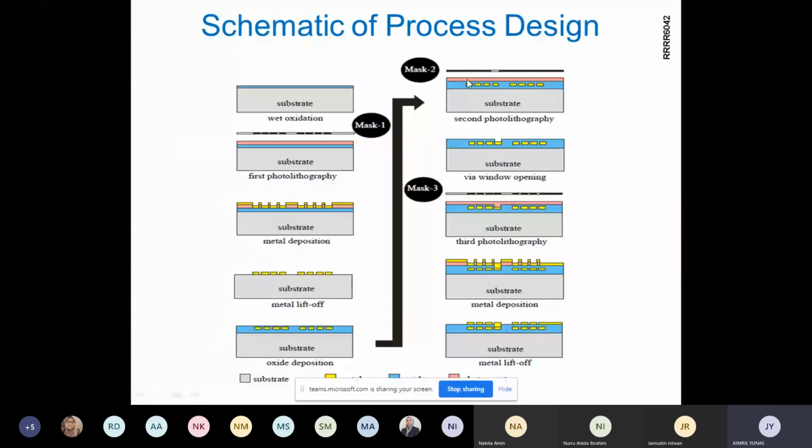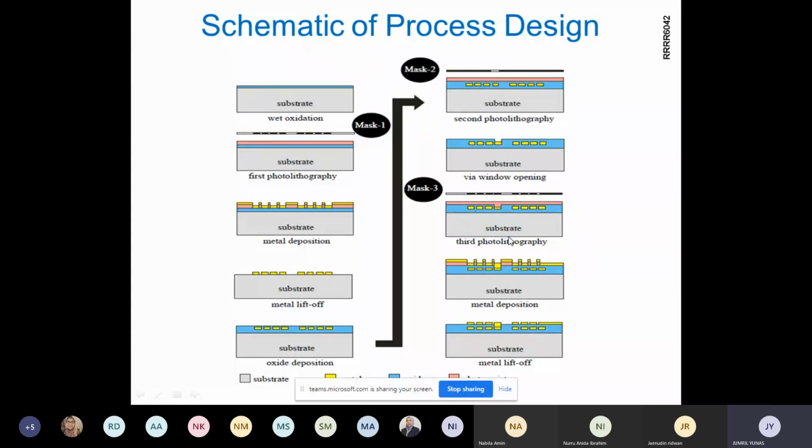apply another photoresist, and we do the second photolithography to create the pattern, and then we etch here. So we have the channel to connect the first layer with the second metal layer here, and then deposit another.